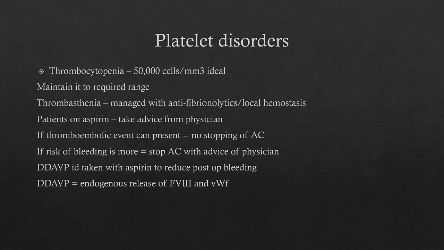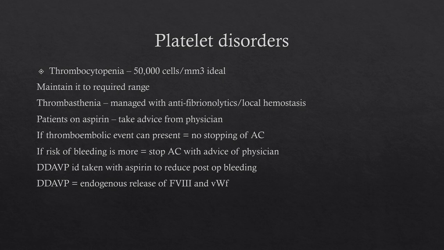Platelet disorders. For platelet disorders, if there is thrombocytopenia, the ideal number of platelets to be maintained is 50,000 cells per cubic millimeter. Thrombocythemia is managed with antifibrinolytics, and local hemostasis is to be maintained. For patients on aspirin, you take the advice of the physician.